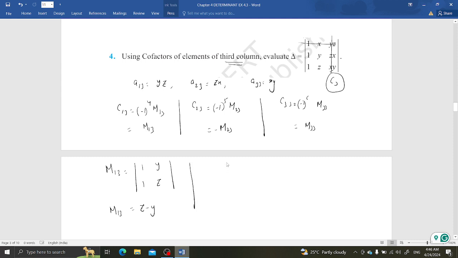Now, what is M23? M23 we can find by removing the second row and third column. We are left with 1 X, 1 Z, and we are left with Z minus X.